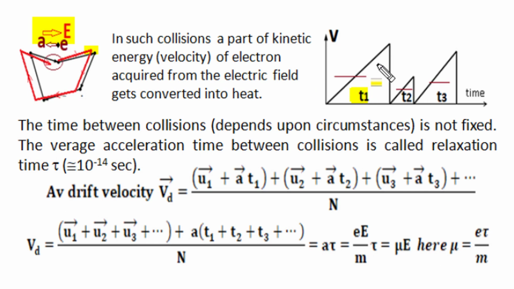So the average velocity of drift motion depends upon the time between collisions, and this time between collisions is called the relaxation time. Assume several drift-moving electrons have initial random thermal velocities u1, u2, u3, and collide at times t1, t2 and t3.